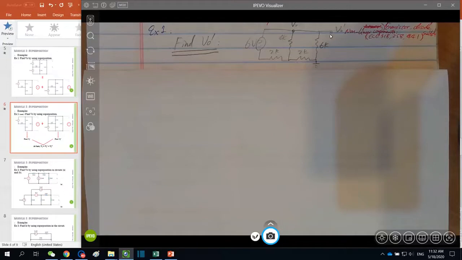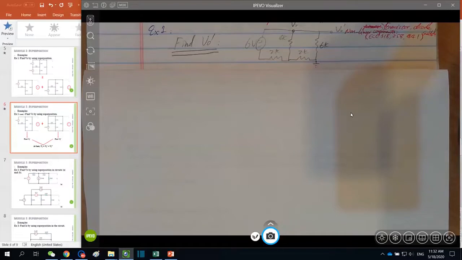To solve for V naught prime, which is here, we could apply nodal or mesh or voltage divider, since we only have one single independent source without any dependent sources. So I'm applying the voltage divider here, as a kind of review.